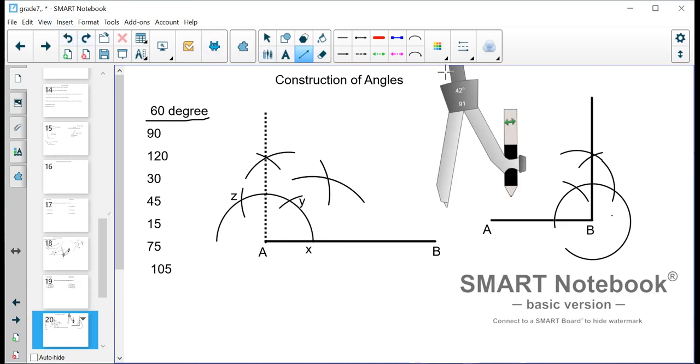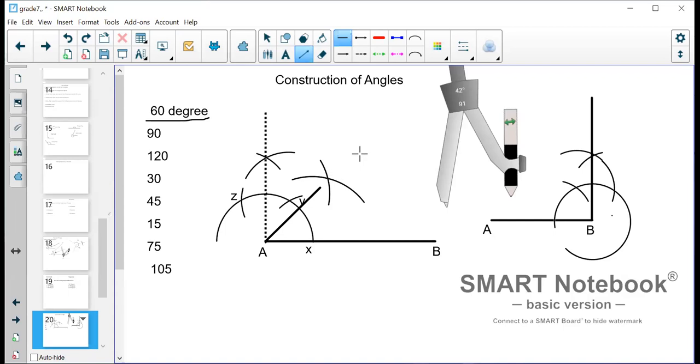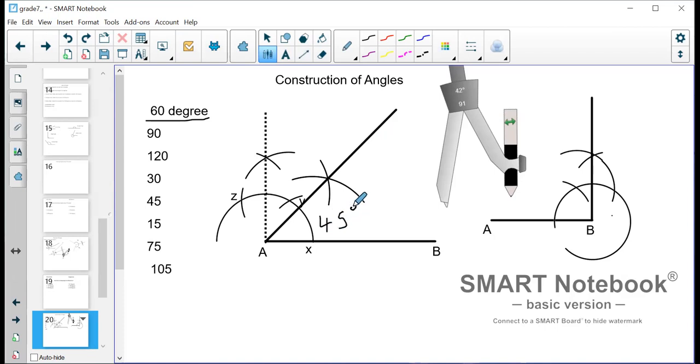Now, let me just change that line. Right, from A through that intersection, and there we obtain 45 degrees. All right, so that is how you go about constructing a 45 degrees angle.